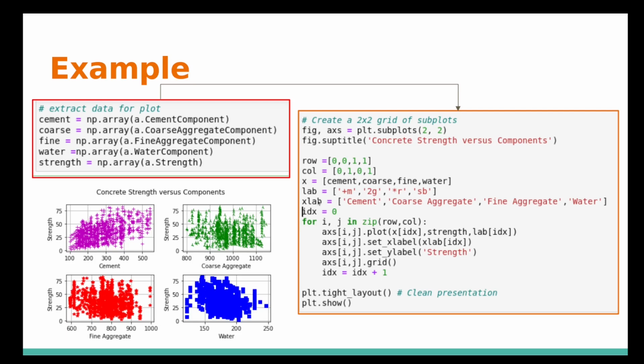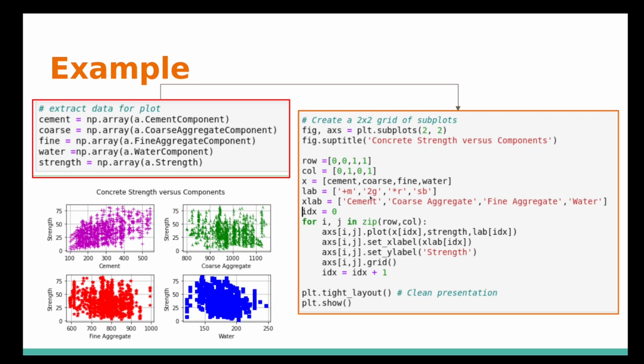Once I do the 0, 0 element, I update my index and then zip the next numbers, which are 0, 1, that is 0th row, first column, make this plot, and then update my index, and then zip and get 1, 0, which will be first row, 0th column, run through this loop, and then finally 1, 1, and run through this loop.